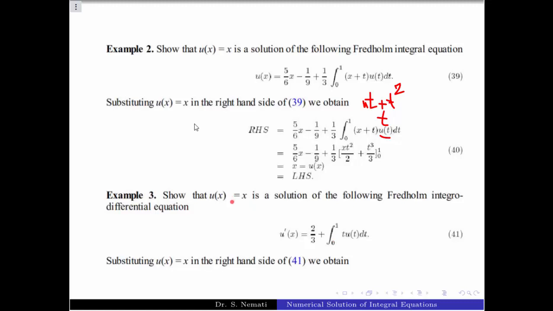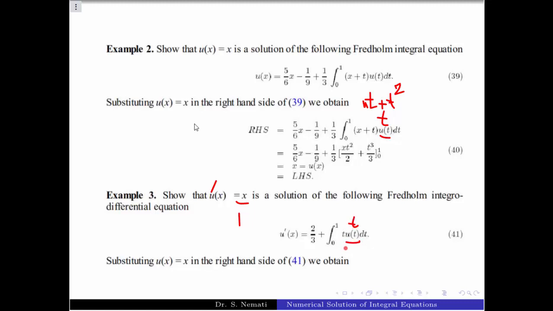Actually, you know that the derivative of the function x equals 1, so u prime of x equals 1. So we have the left side equals 1, and we have to show that the right side is also equal to 1 by considering u of t equal t.